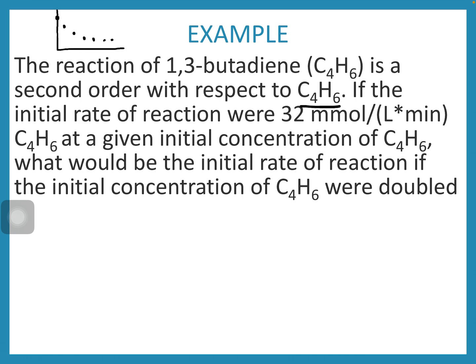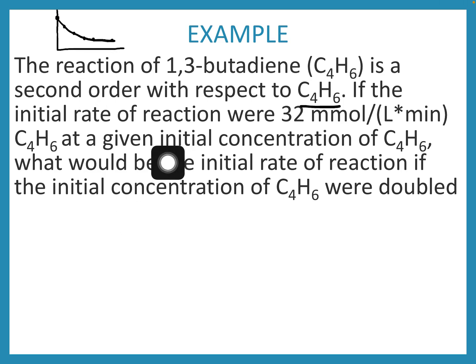And as the concentration lowers, the rate changes as well because there are fewer reactants in the solution, and so we have fewer collisions that are going to happen. So our initial rate is based on our initial concentration, but as soon as the reaction starts, our concentration is no longer the same, and so our rate is also no longer the same.